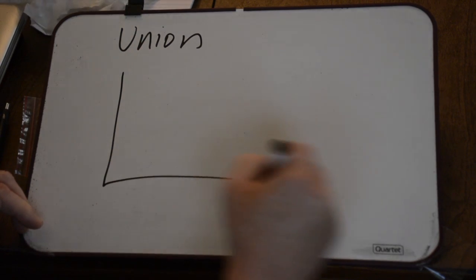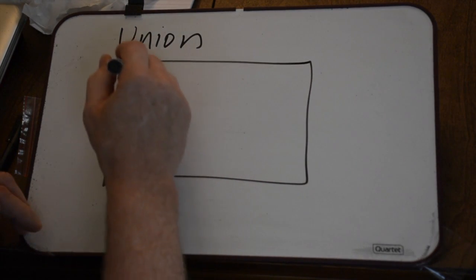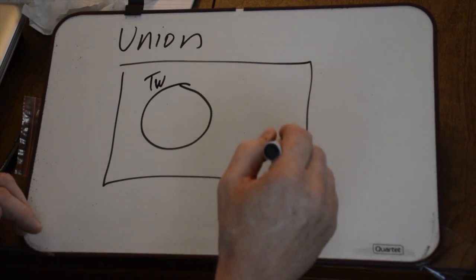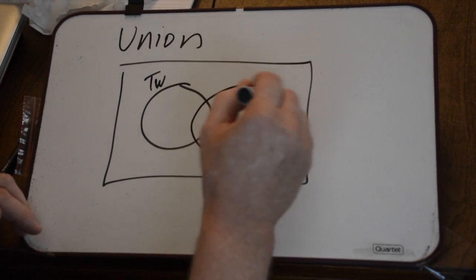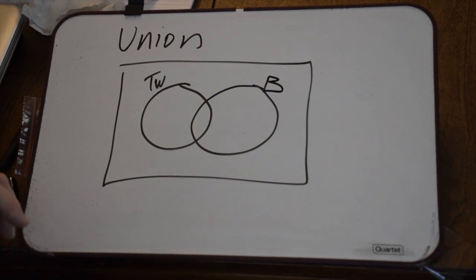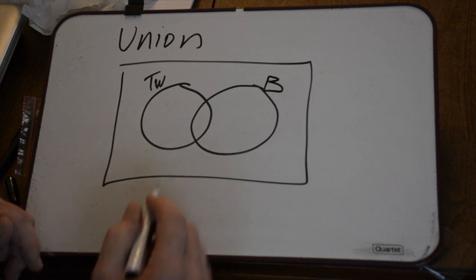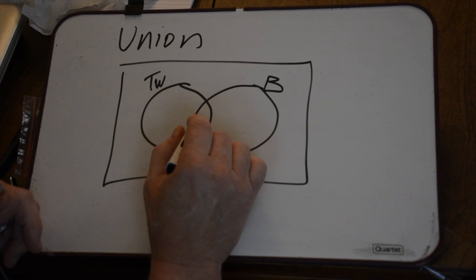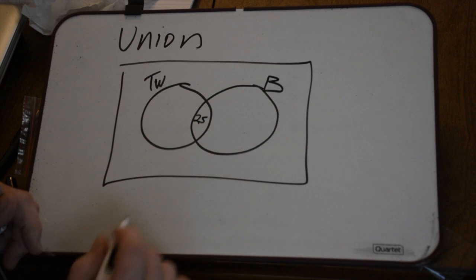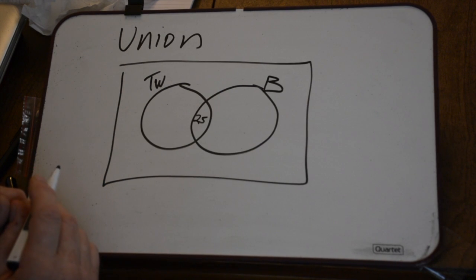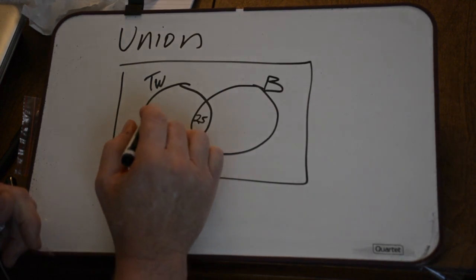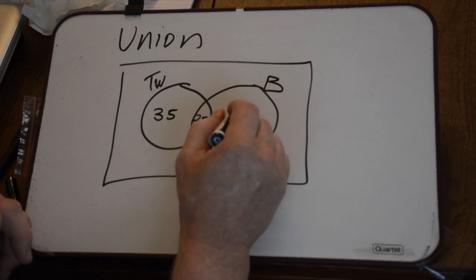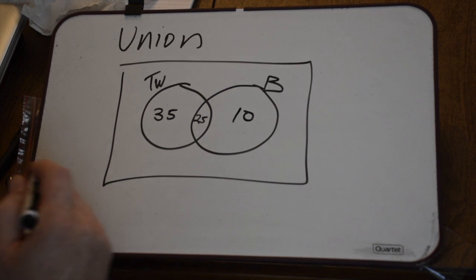Suppose we have our universe of students, and a certain number of them have Twitter accounts, they're active Twitter users, and a certain number of them are blog users. Okay, so if we know that there's a situation where there are, say, 25 students who use both Twitter and are bloggers, there are, say, 35 people who only use Twitter, and there are 10 people who only blog.